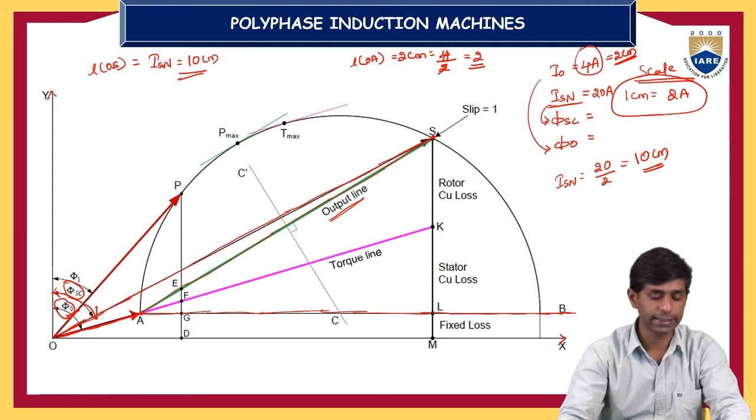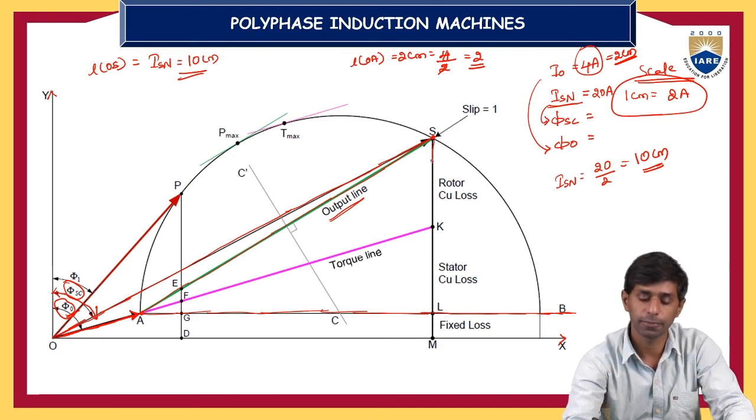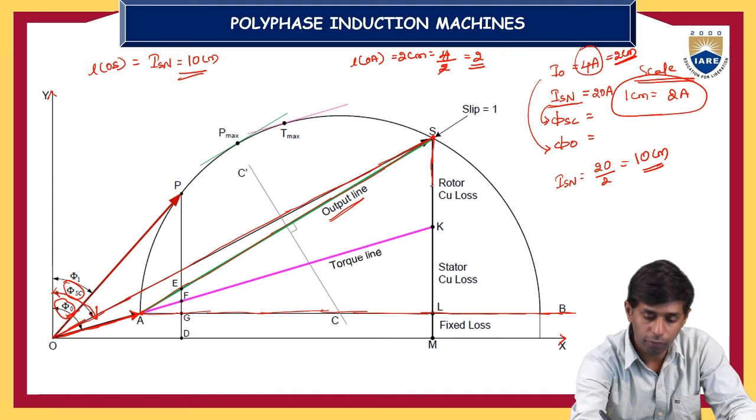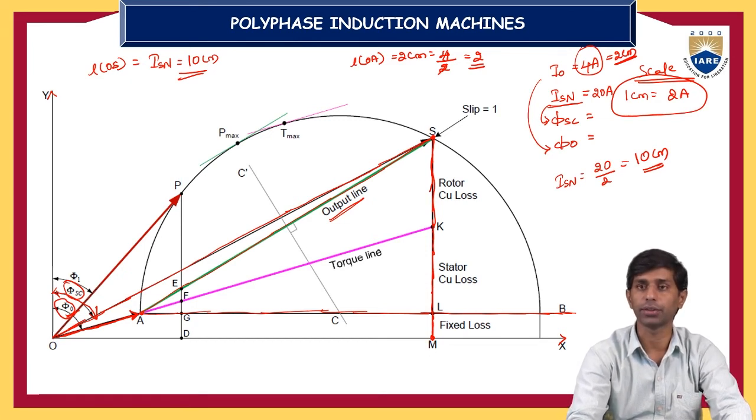That is the next step, fourth step. After that, from point S, drop a line to the x-axis, which intersects your x-axis at a point M, let us assume.